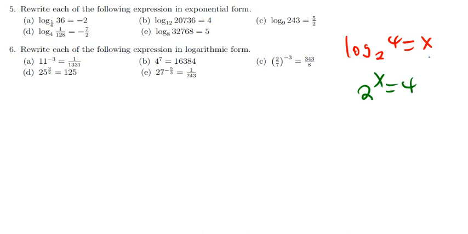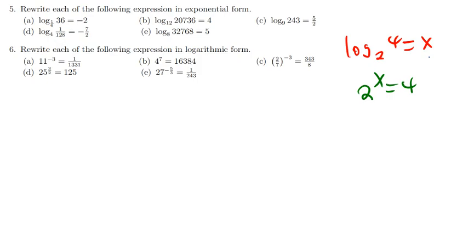But what if we are trying to hide this and then we tell you to take it back to log? You get my point, right? 2 to the power x is equal to 4, take it back to log. So we want exactly log base 2 of 4 is equal to x.